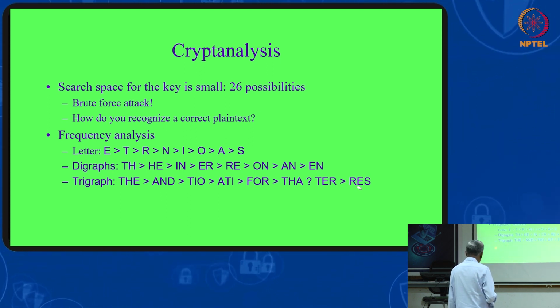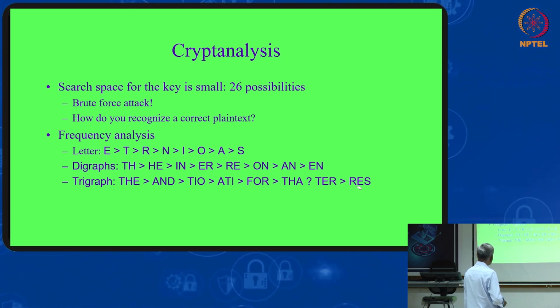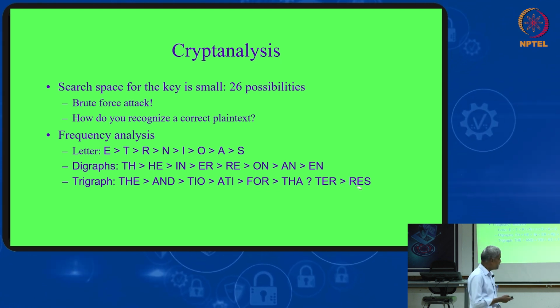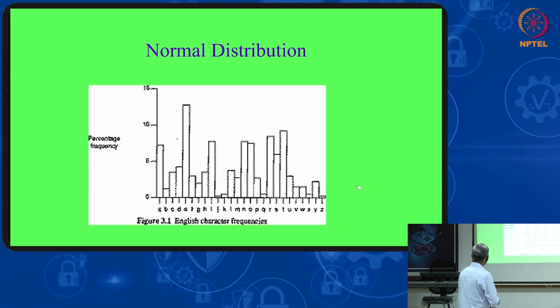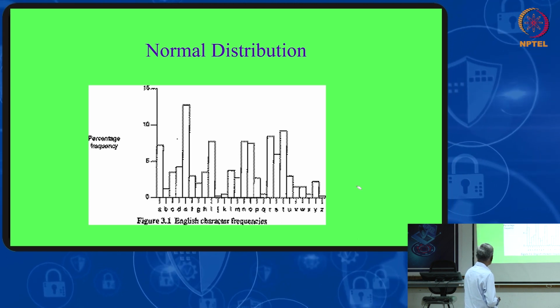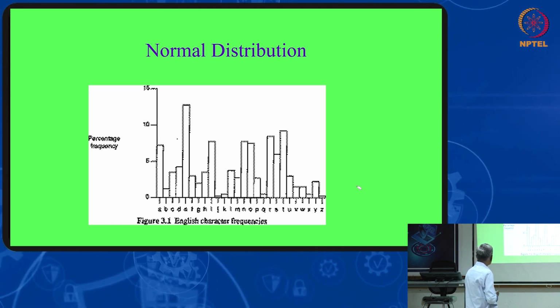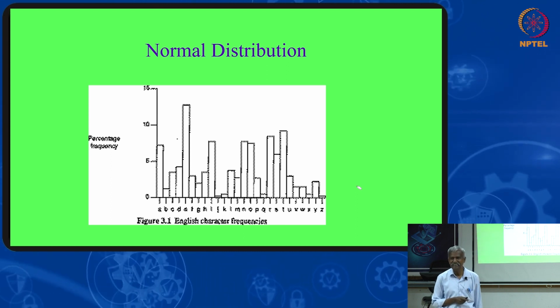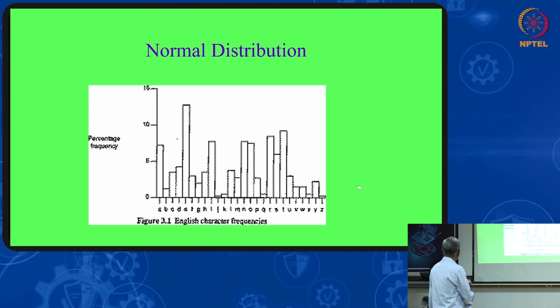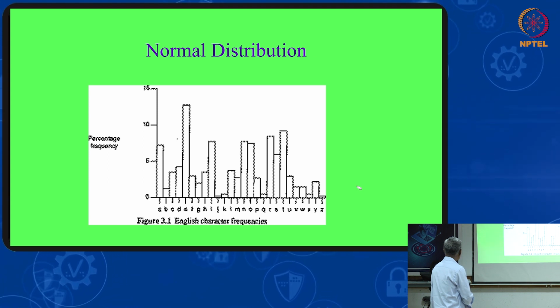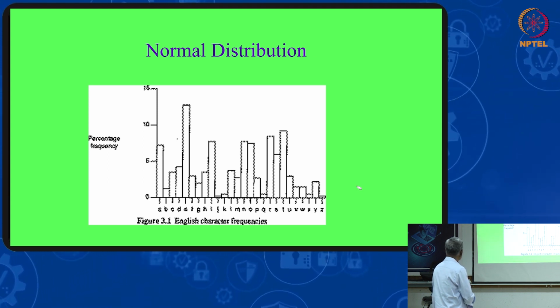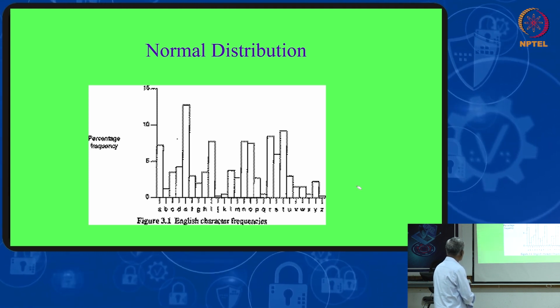Trigraph, if you take THE, AND, these are all the most frequently occurring words. So, if you want to do cryptanalysis in English, for a plain text, it is looking like this, which is having the highest one. If you see the first one, A, B, C, D, E is having the highest, tallest bar.